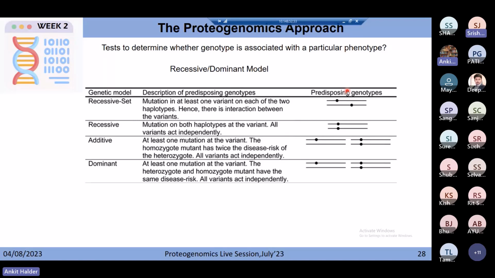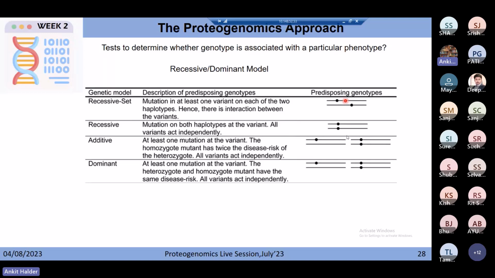Sir, what is the difference between additive and dominant? Dominant is when the variant is present in both haplotypes, the effect is not different; the effect is the same whether the variation is within one haplotype or in both haplotypes. The phenotypic disease is the same.